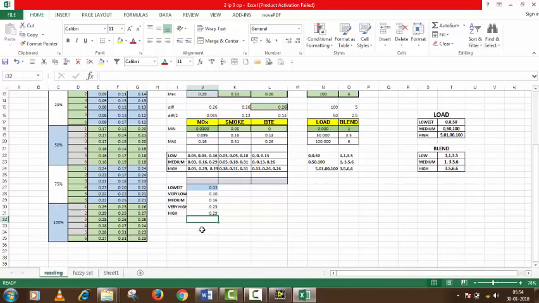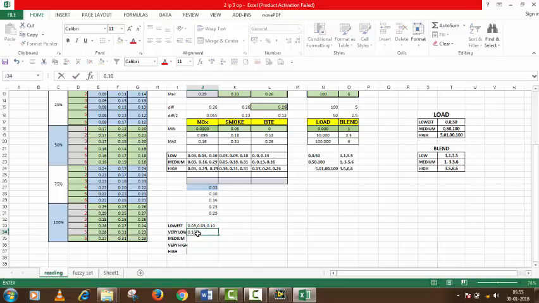Sir, how can we frame this membership function? I will explain this. 0.03, 0.03, 0.10.